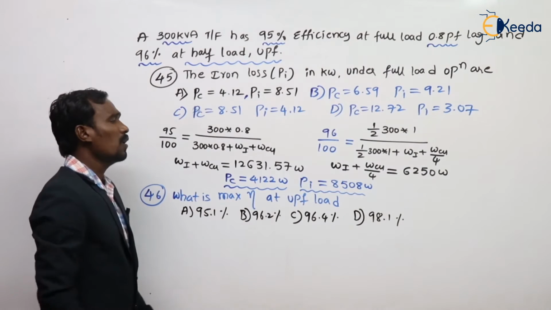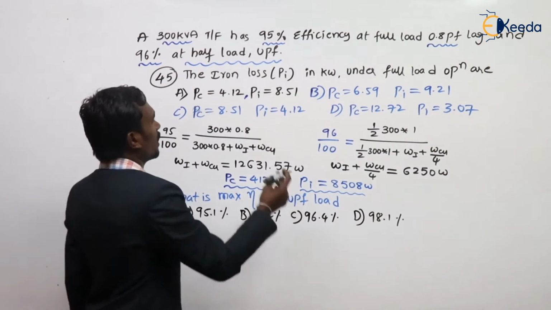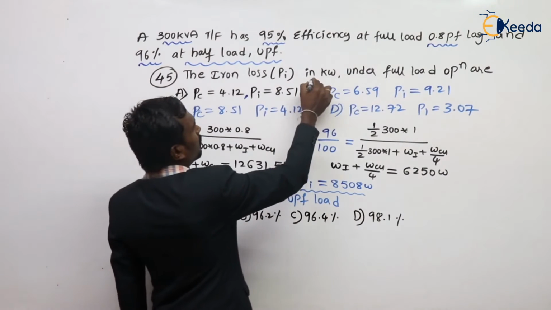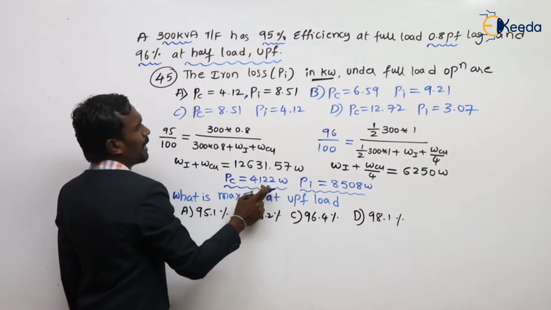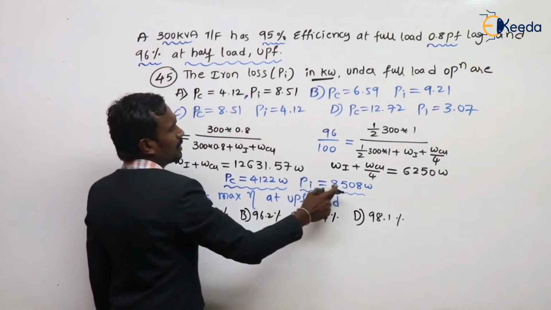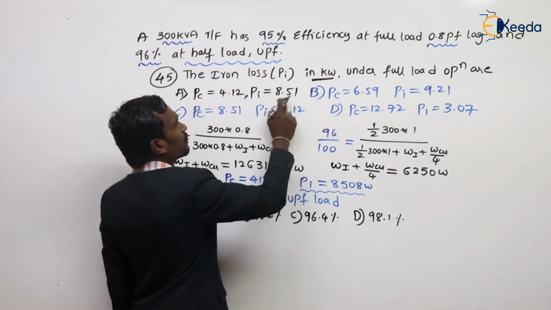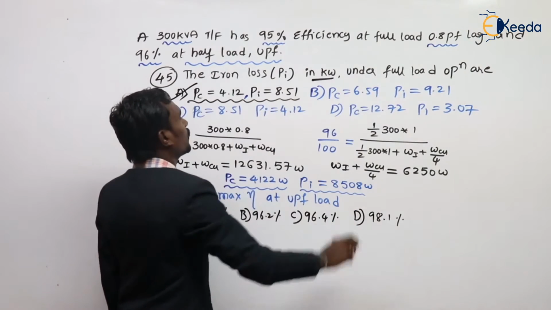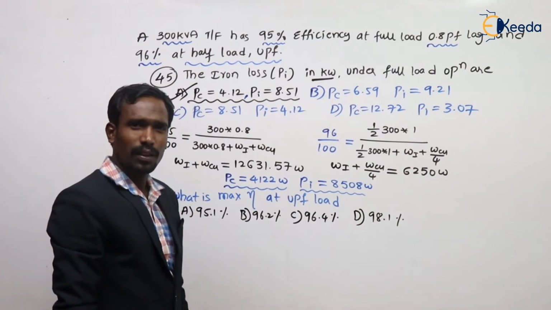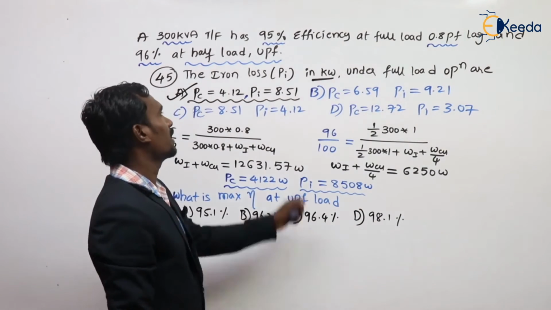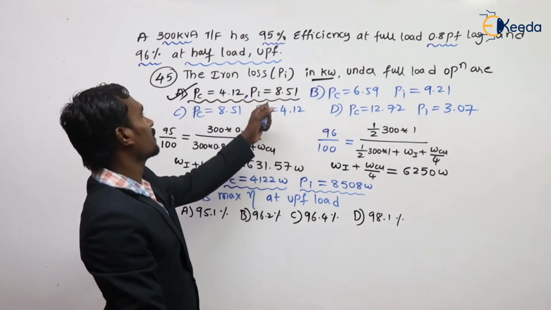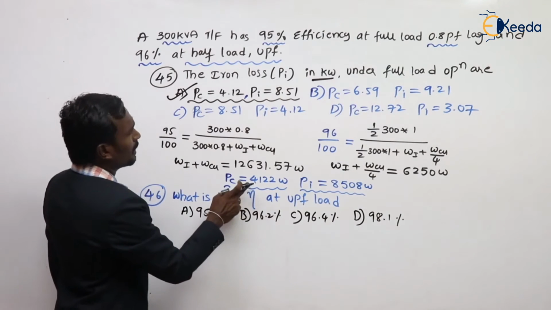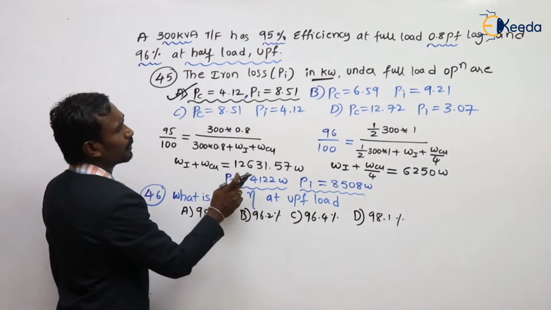From this, they asked in terms of kilowatts: 4.1, okay, it is the right answer. 8.51, of course, this is also the right answer. So option A is the correct answer for the full load losses. Copper losses are 4,000.